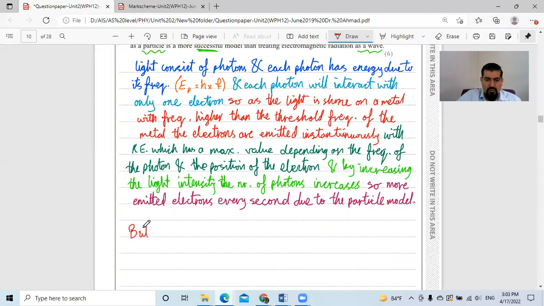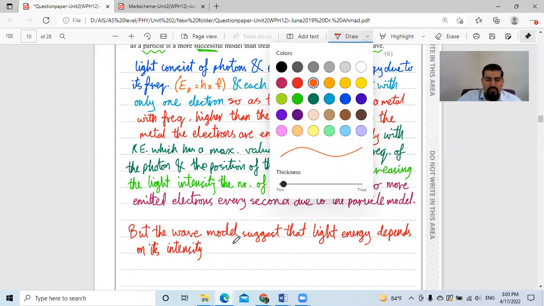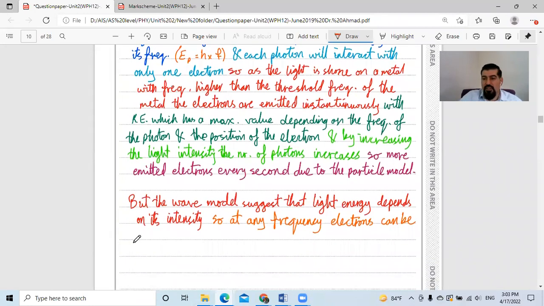But the wave model suggests that light energy depends on its intensity, so at any frequency electrons can be emitted, depending on the position of the electron.